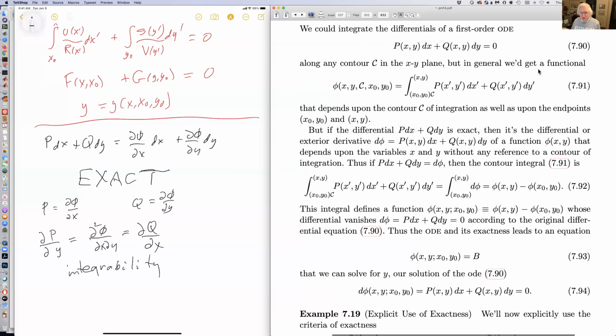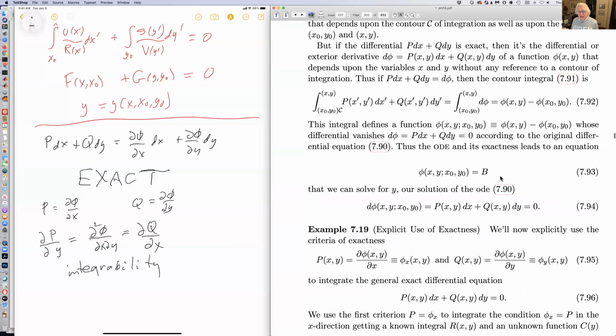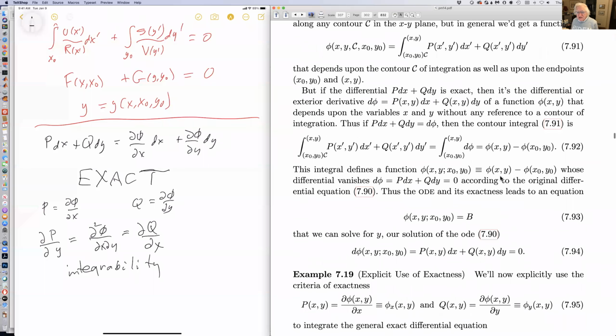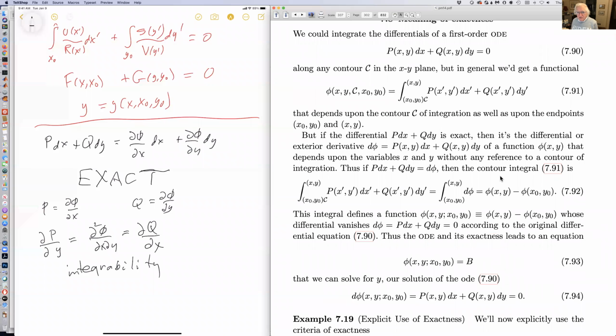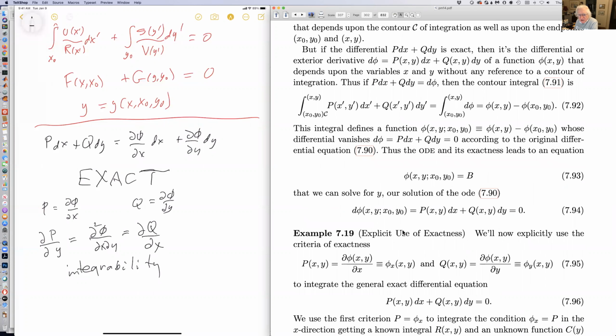So it's the same kind of thing, and that's basically the meaning of exactness: when you integrate this equation, you get a function that depends upon the endpoints of the contour and not upon the details of the contour.